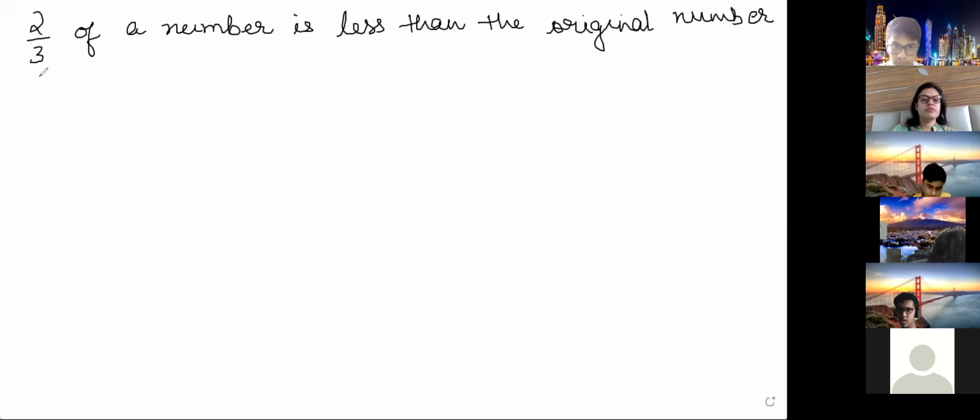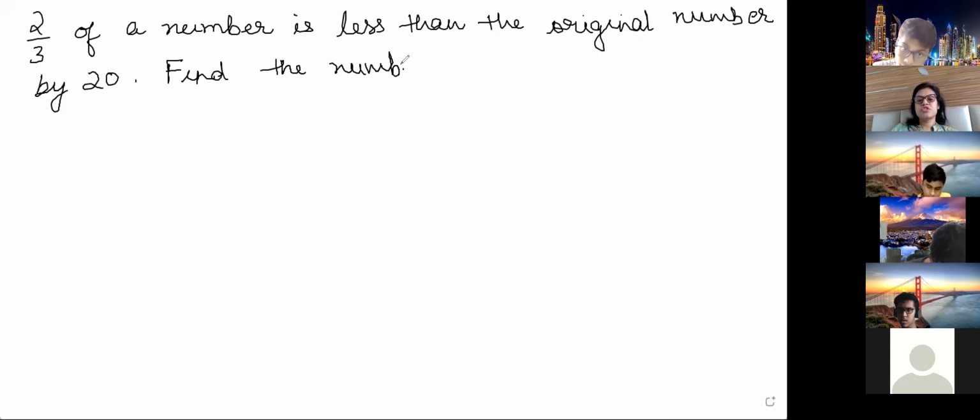Find the number. Now tell me the equation. It's obvious that you have to consider the number as x. So what is the equation? I'm not writing the step. Give me the equation.